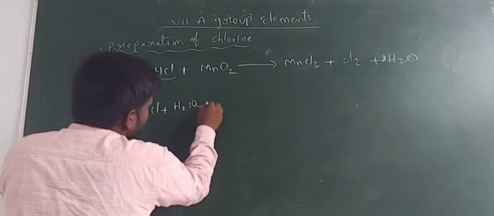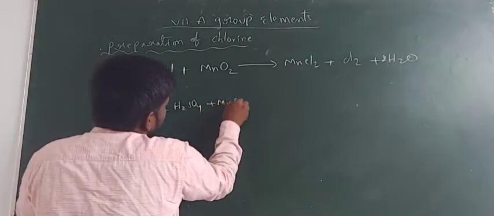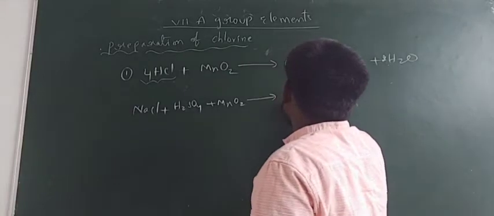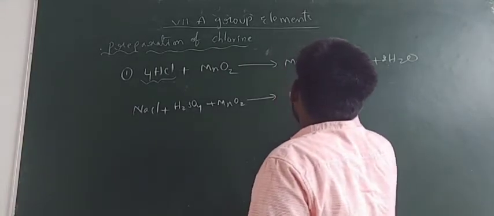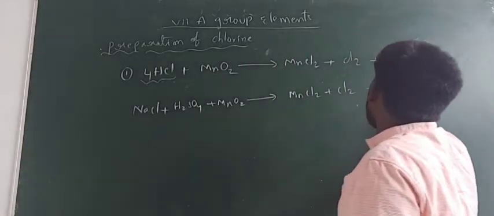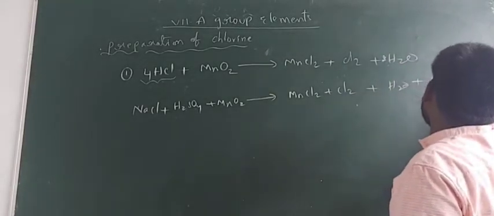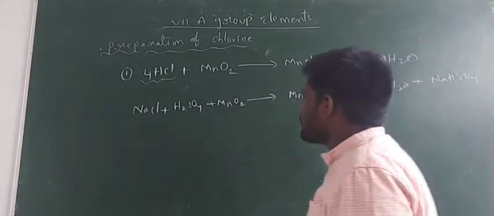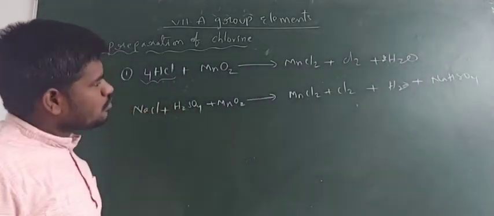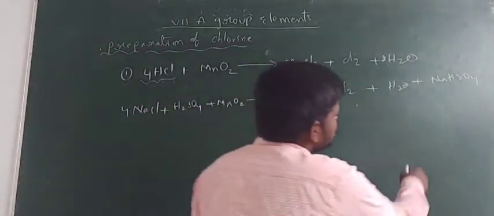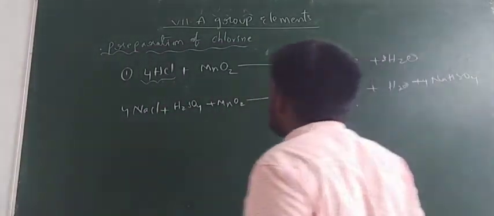So when this mixture is treated with the MnO2, we can get here MnCl2, Cl2 gas, water, and next you can get here NaHSO4, sodium hydrogen sulfate. So now to balance this equation, multiply this one here with 4, and here also this one is multiplied with 4.